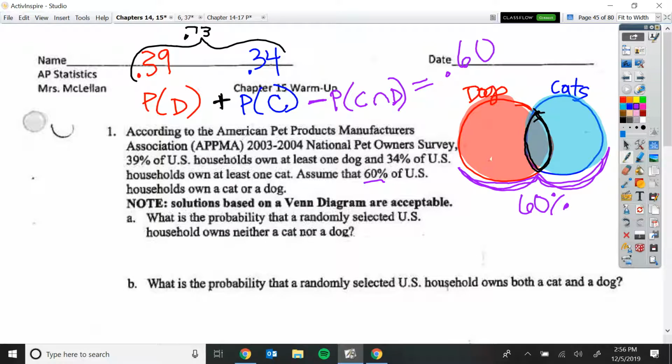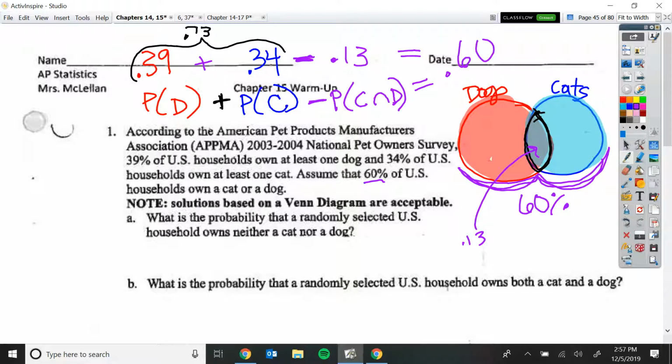So if that's the case, then what must have been double counted? 13%. Okay, good. So see, you add those together and take away the 13% that got double counted, and that's how you get your 60%.